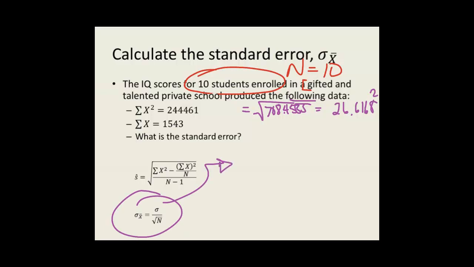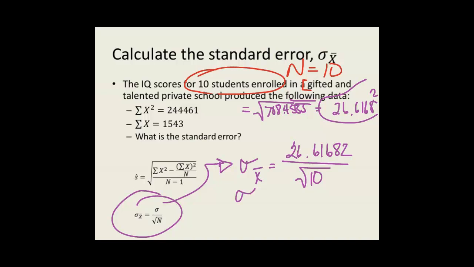So now I'm ready to use the second equation to find my actual sigma sub x bar, remembering that I'm replacing the population standard deviation on top with my estimate, which is 26.61682, and I divide this just by the root of n being 10. So I'm going to divide by the square root of 10, and I get a sigma sub x bar of 8.4169.